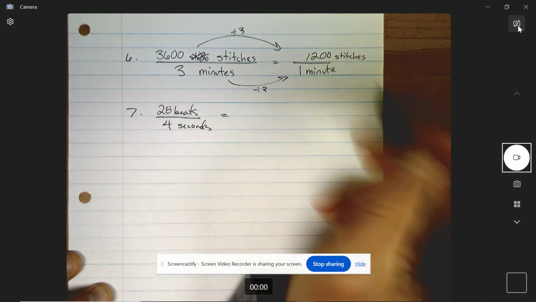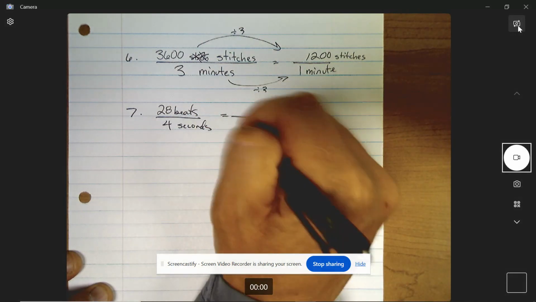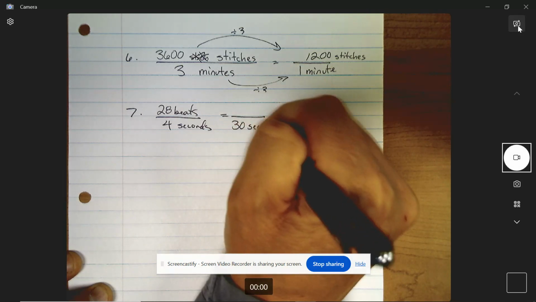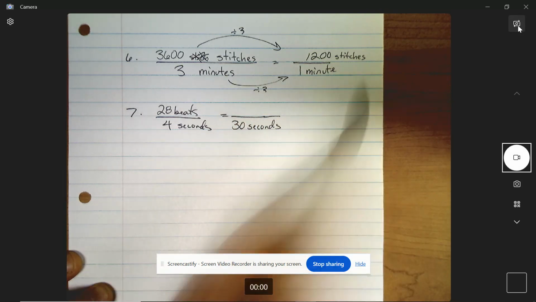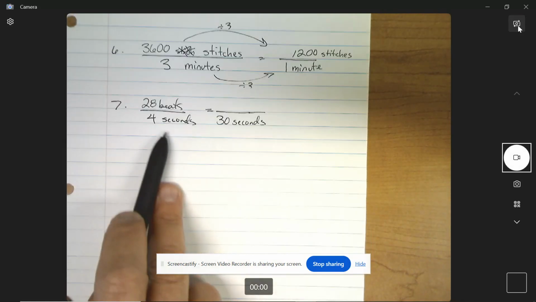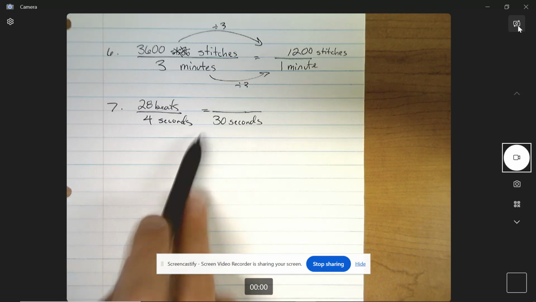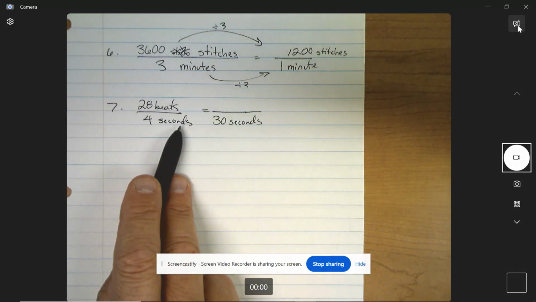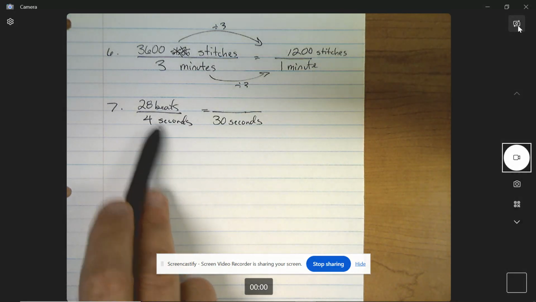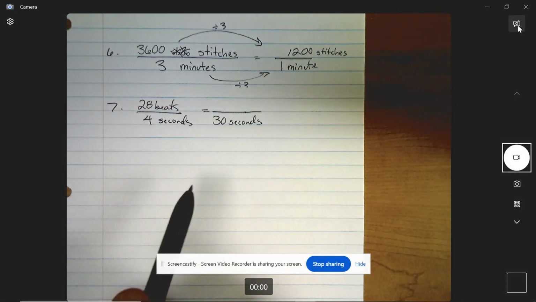And we want to know how much that's going to be in 30 seconds. But we can't just multiply and make something nice and easy.